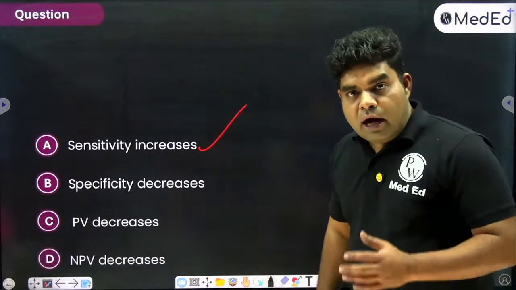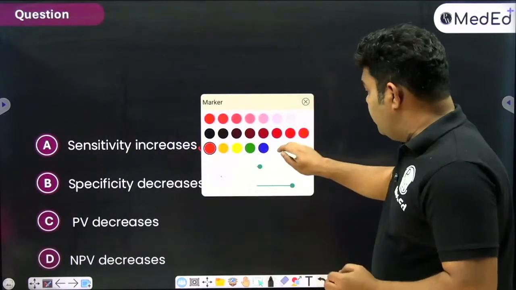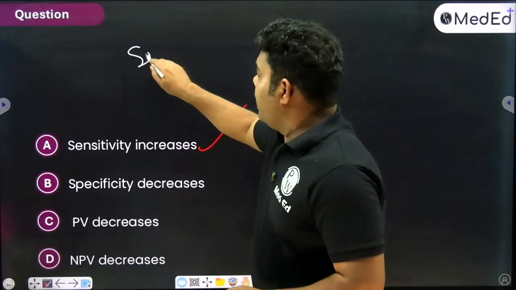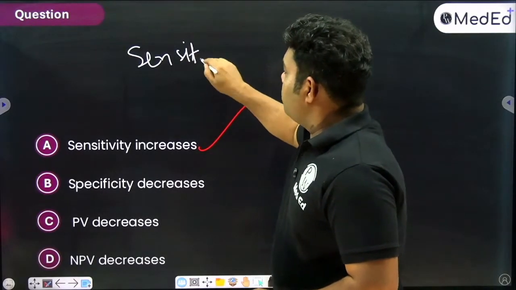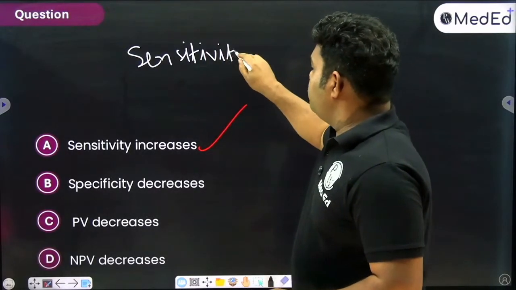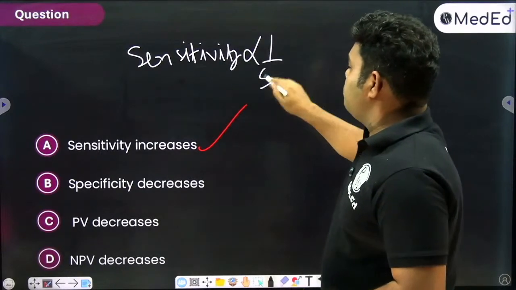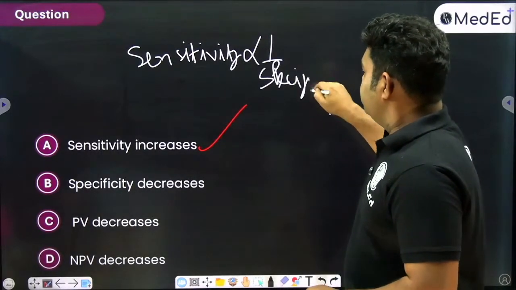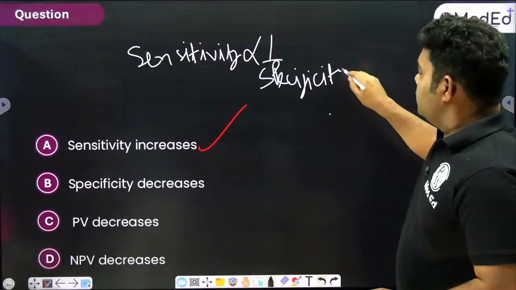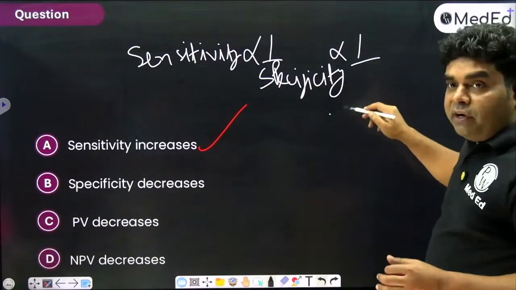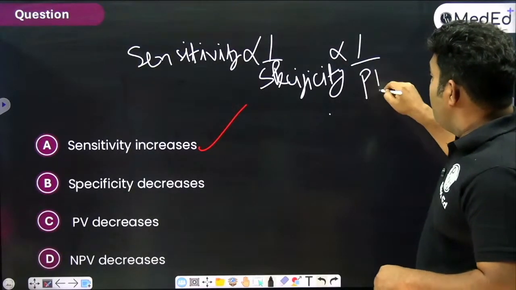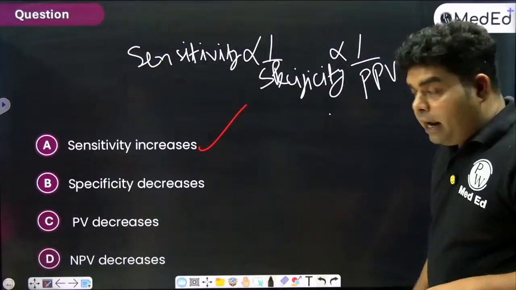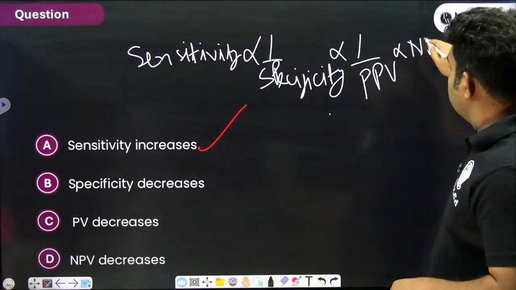Now, there is a very simple formula by which we can correlate everything. I hope you all know, sensitivity is inversely proportional to specificity. And the hidden formula is sensitivity is also inversely proportional to positive predictive value. And then PPV is inversely proportional to NPV.